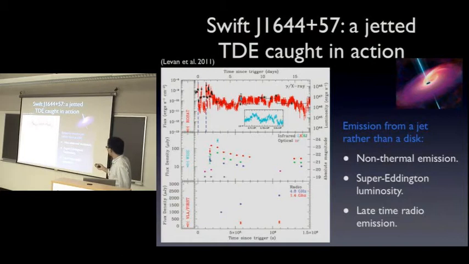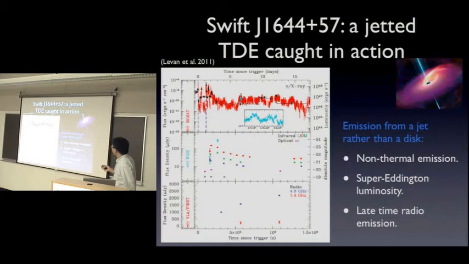So that can explain the extremely high luminosity seen in this event. If you remember, the peak luminosity is about 4 orders of magnitude higher than the Eddington luminosity for a 10^6 solar mass black hole.